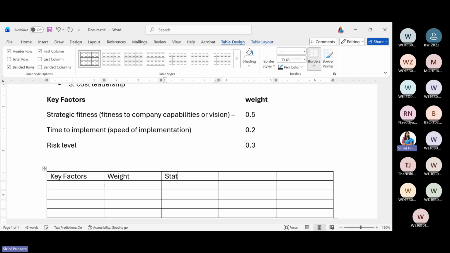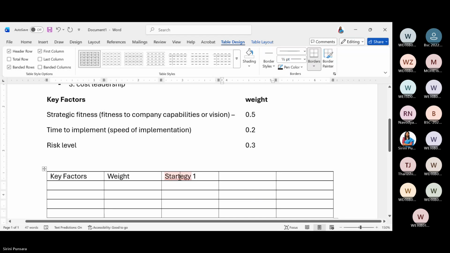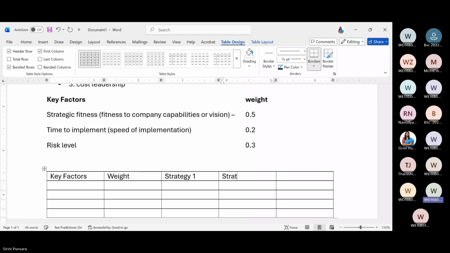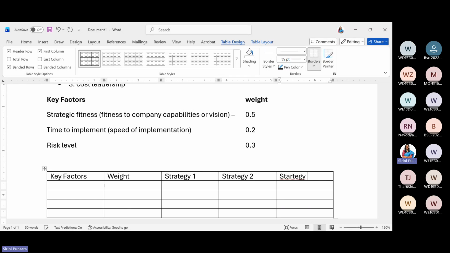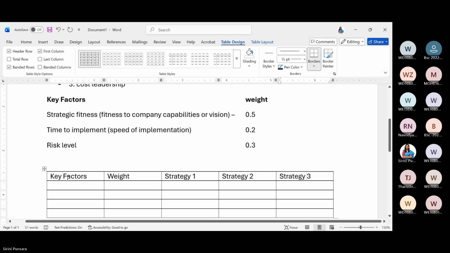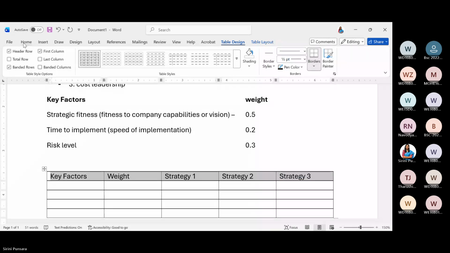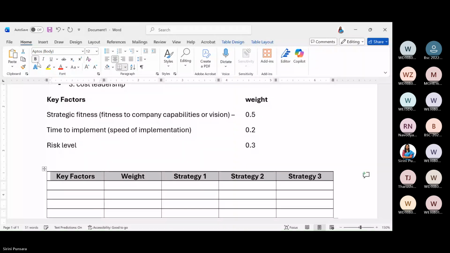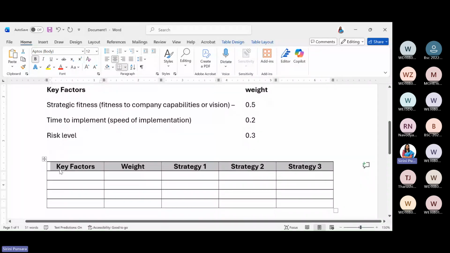Then we have strategy 1, strategy 2, then strategy 3. Then we are going to put these factors here.